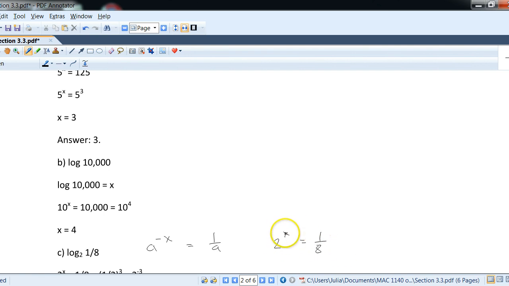We know that x has to be negative to be able to go to the denominator, and also 2 times 2 times 2, third power, would give us 8. So 2 to the negative third power is equal to 1 over 2 to the third, which is 1 over 8. So that's how we know.